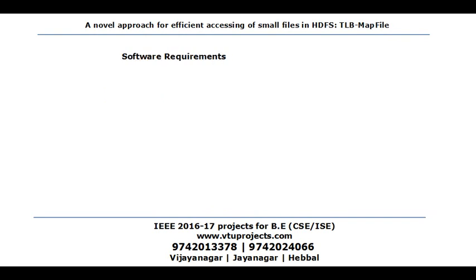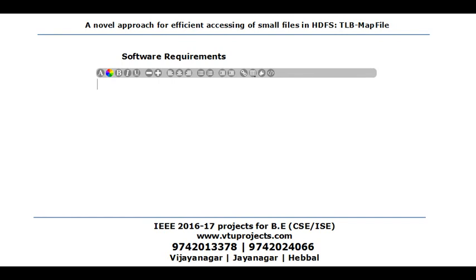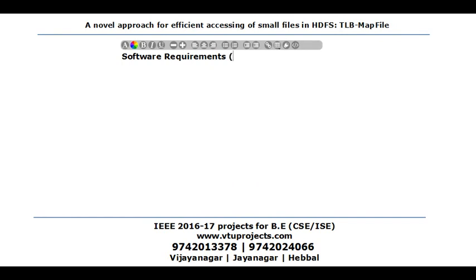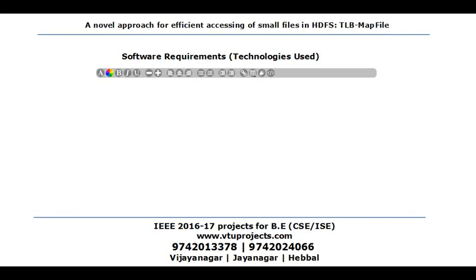Coming to the software requirements, here I'll be explaining the technologies that we are going to use in our project. You can also call the software requirements technologies used. I would divide the technologies used into two parts, the front end and the back end.